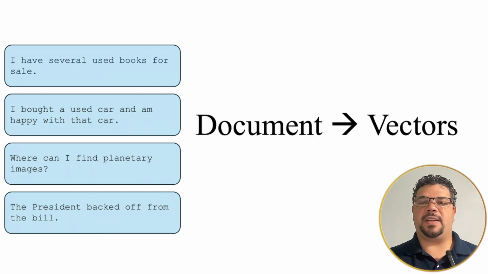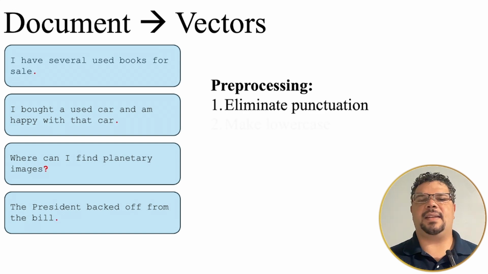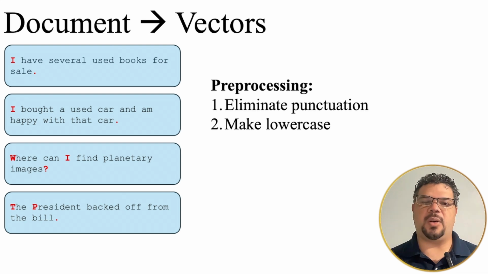Now our goal is to turn these text documents written in a natural language into vectors, that is, a list of numbers which somehow represent the document mathematically, numerically. We can first do some pre-processing to simplify the text further. Step 1 is to remove any punctuation, and step 2 is to make any uppercase letters lowercase to simplify things a bit. These processed documents still have a lot of words that are unlikely to be informative, like I, for, and, the, and so on.